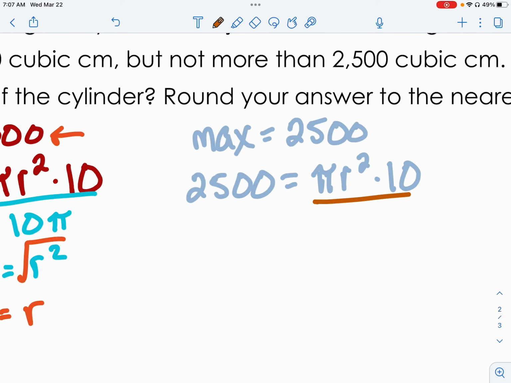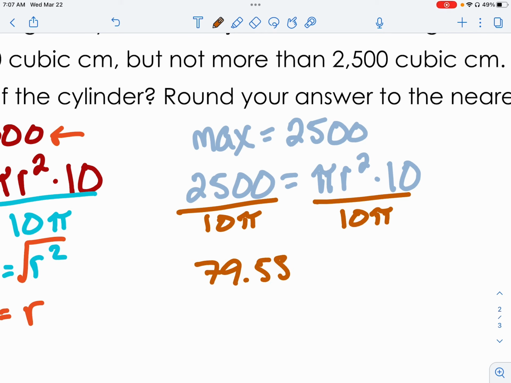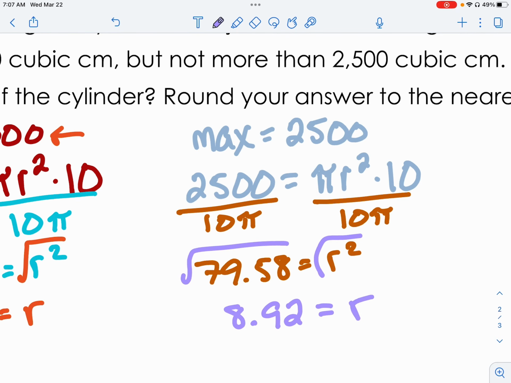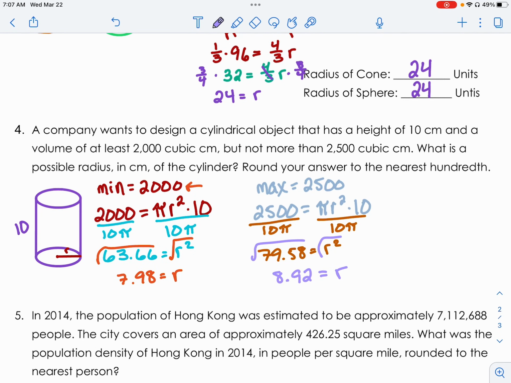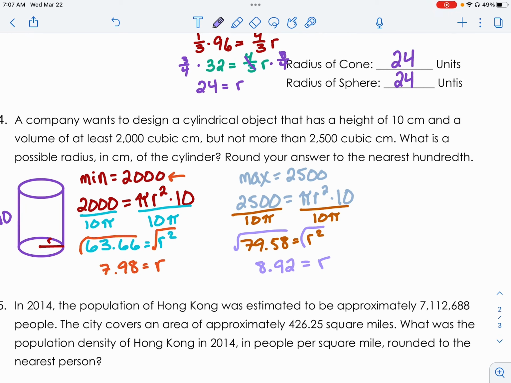Same process that we just did, we're going to divide by 10 pi to get 79.58 equals r squared. And then you undo the square by square rooting. So 8.92 equals r. So again, it is slightly bigger. And these are both of the possible radii that you could have based on your parameters.